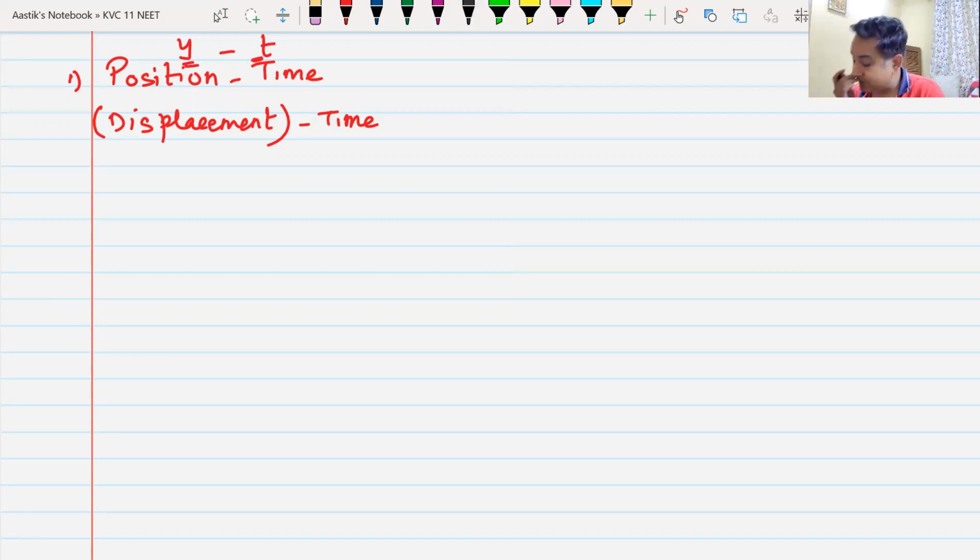Position time graph. Now, if I have to draw this position time graph, how will I draw this? Let me try to draw it.